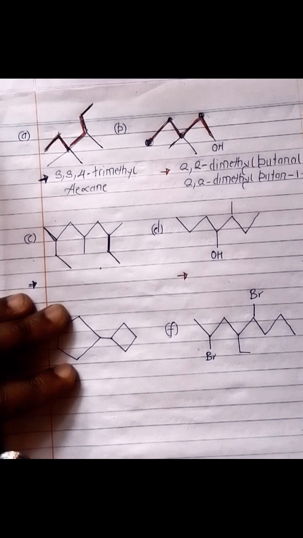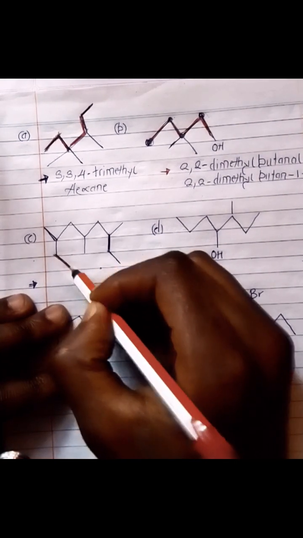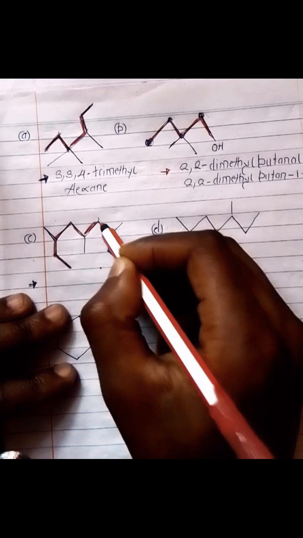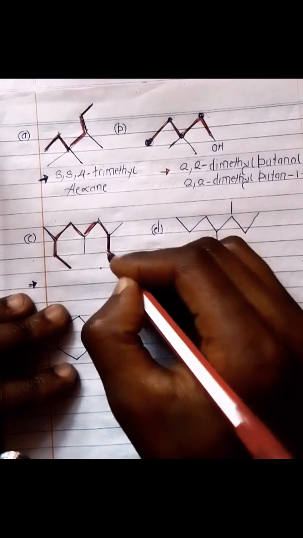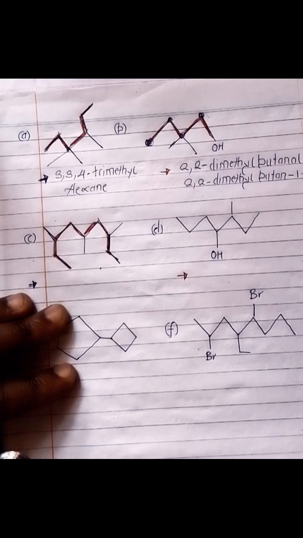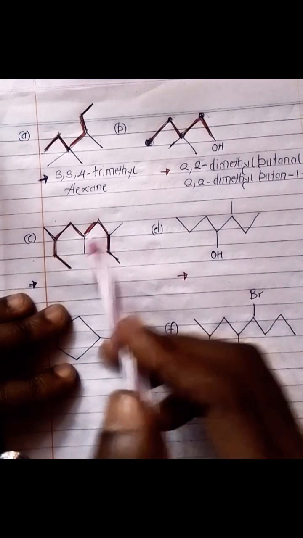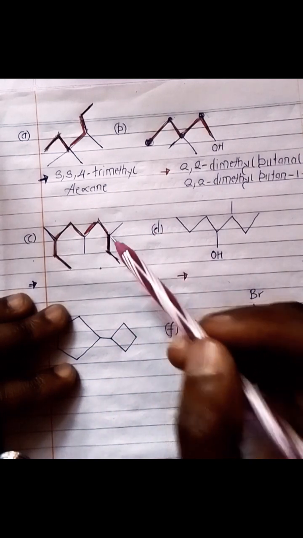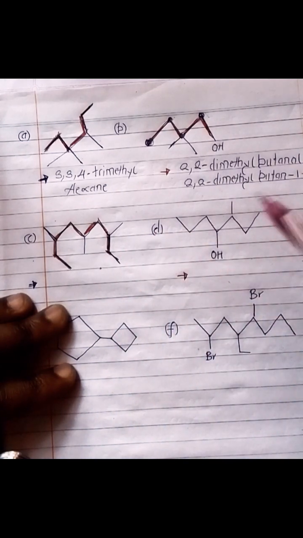When we look at the next one, this one looks long, but it's actually quite easy. The parent chain looks like this. After identifying the parent chain, we're able to see that there are only 3 attachments here, right? And regardless of which side I count, the attachments will still be on the same positions.